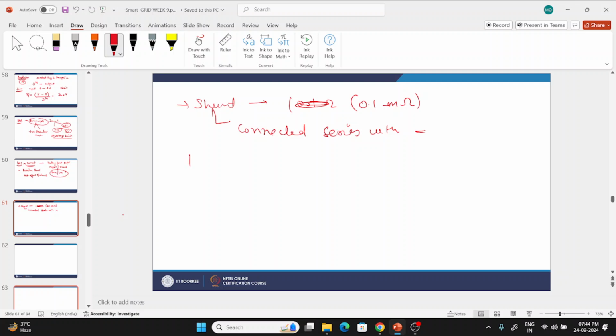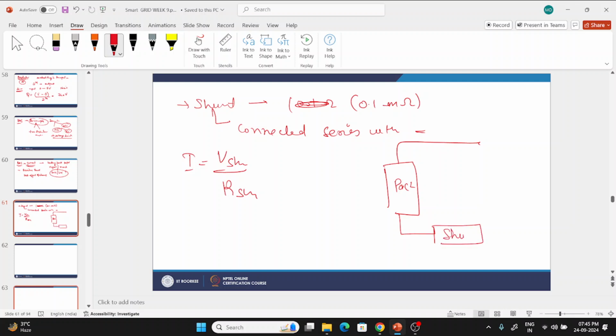तो फिर I कैसे calculate कर दिया जाता है: V shunt divided by R shunt. इस तरीके से देखो, मैं इसको दिखाऊं, एक ये पैक है, ये कनेक्टेड इस तरीके से, और यहाँ पे एक शंट लगा दिया गया, ठीक, V shunt. तो इस तरीके से हम I calculate कर लेते हैं.